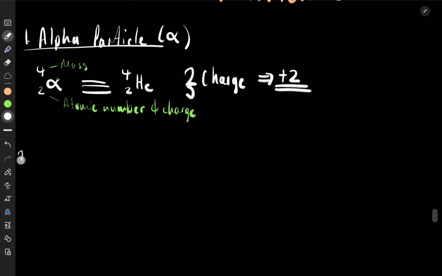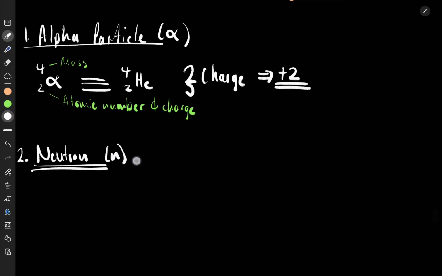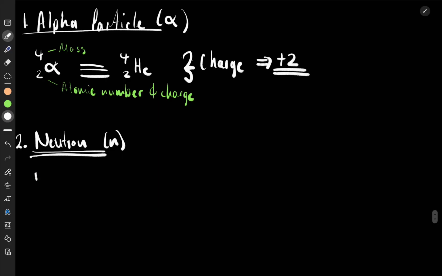Then the second one we'll talk about is called a neutron. At this stage, we say that a neutron is a fundamental particle, which means it's the smallest thing you could get from a nucleus. What we're going to have is 1 0 neutron, like this.